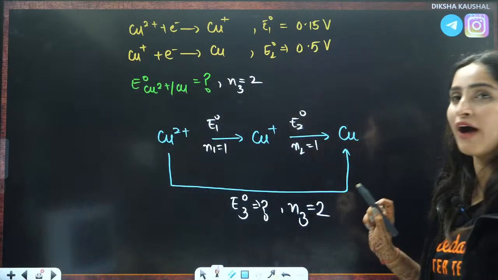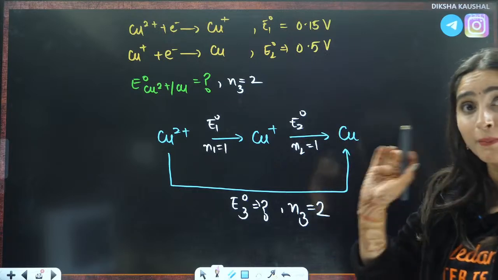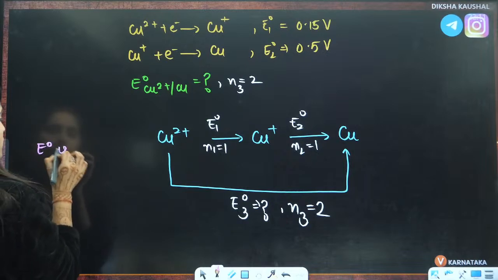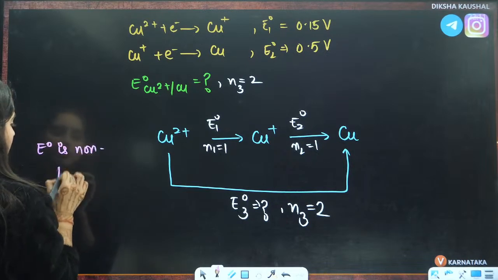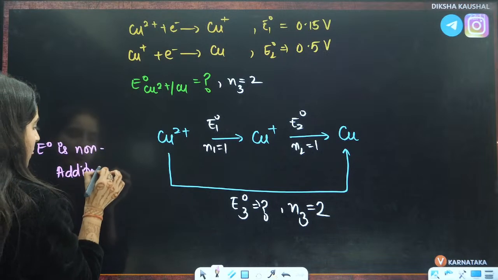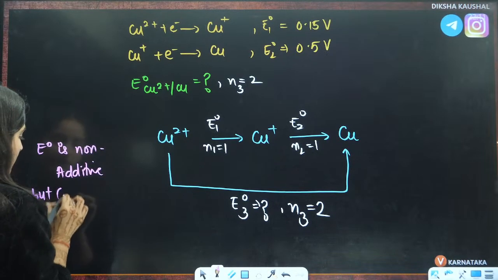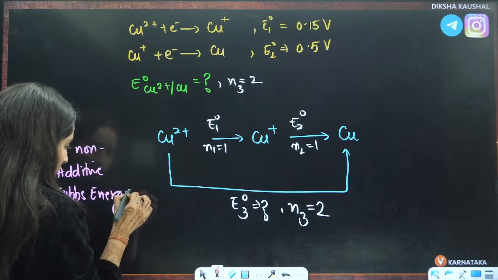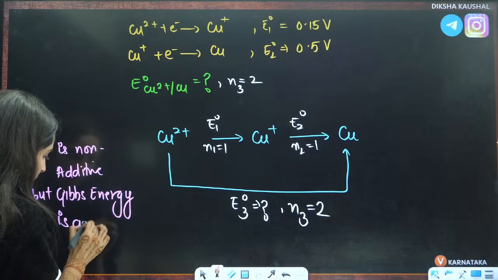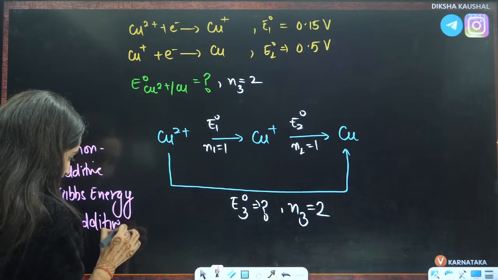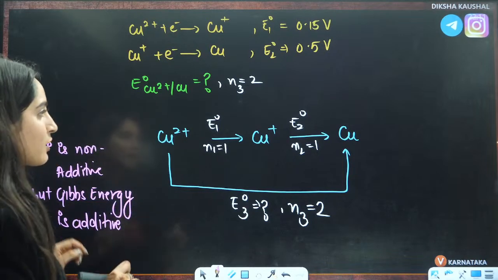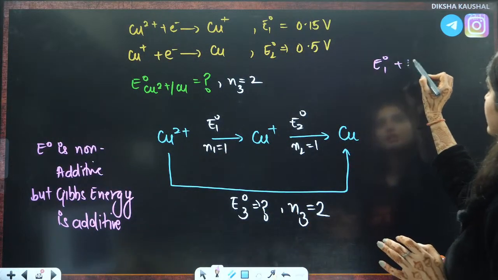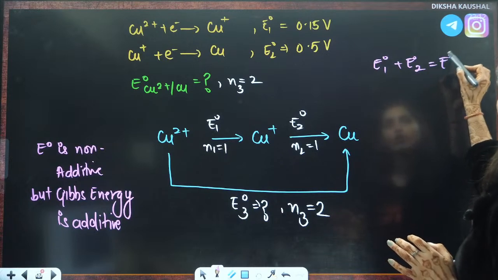They are asking you the value of E naught. Remember one thing, E naught is non-additive, but Gibbs energy is additive, right? That means I can't say that E naught of 1 plus E naught of 2 is equal to E naught of 3.